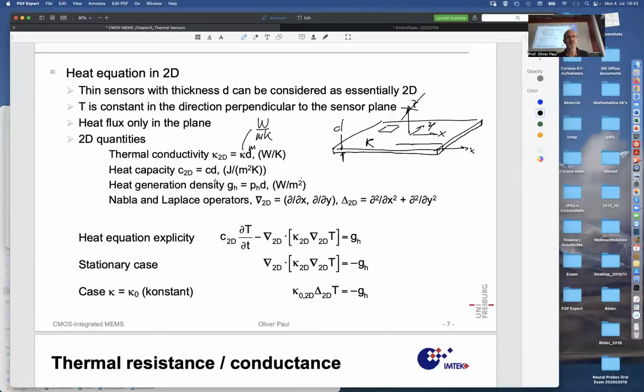We can do the same for C and for G. And then G becomes watt per length, and the heat capacity becomes joule per length of that beam per Kelvin, and the Laplace operator becomes just the second derivative. The gradient is the gradient, and the divergence is just the first derivative acting on this, so this should be quite easy. And then we have a 1D differential equation with a second derivative that is very easy to solve in many cases.